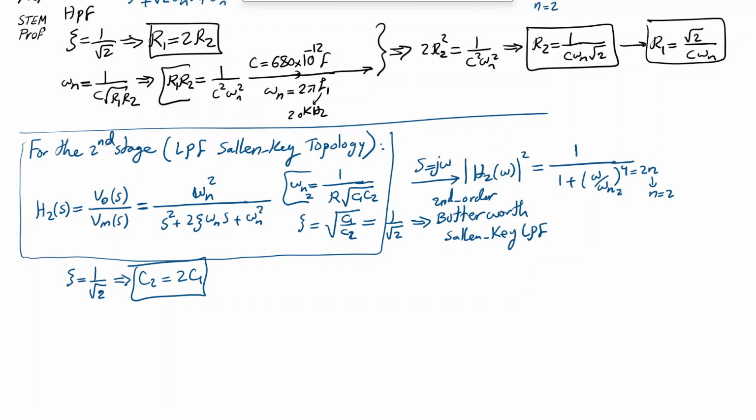And by forcing omega, the other one was: now we get omega n2 equal to 1 over R root of C1 C2. We get C1 C2 equal to 1 over R squared omega n squared. And therefore, same idea.